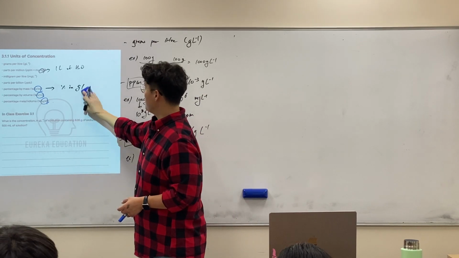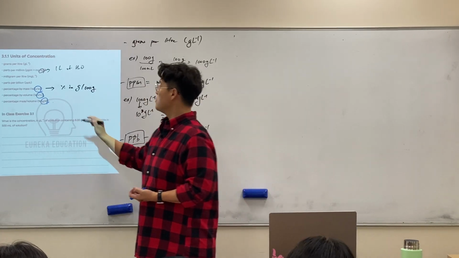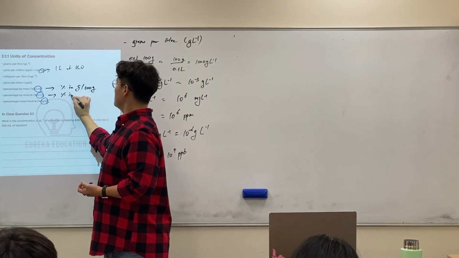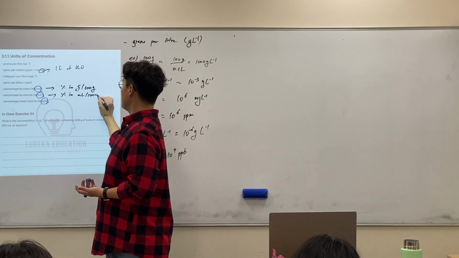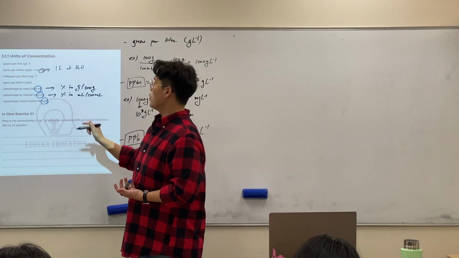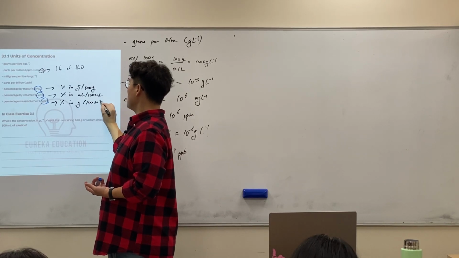Volume per volume would be percentage in milliliters per 100 milliliters. And weight per volume would be percentage in grams per 100 milliliters.